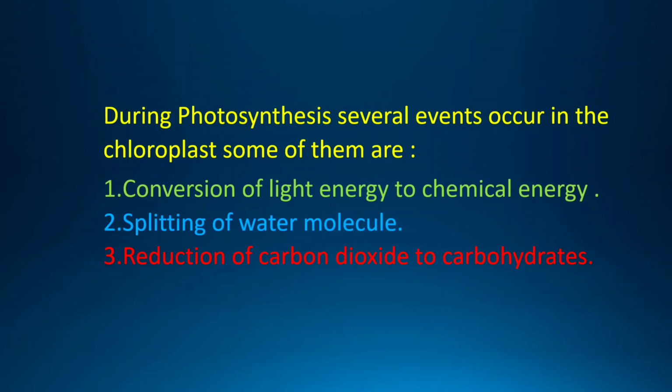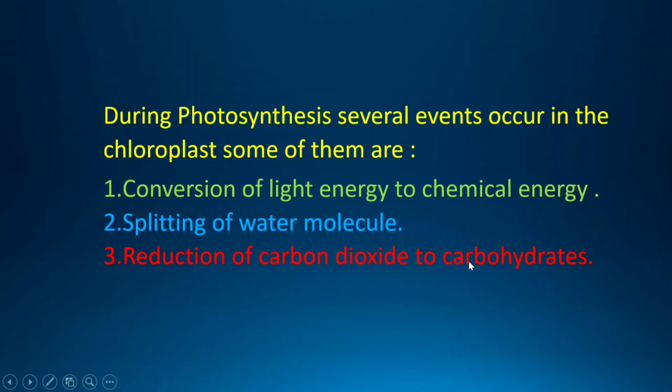Second, splitting of the water molecule: the water molecule splits into hydrogen ion and hydroxyl ion in the presence of light. And third, the reduction of carbon dioxide to carbohydrates: the carbon dioxide absorbed from the atmosphere is converted into carbohydrates.